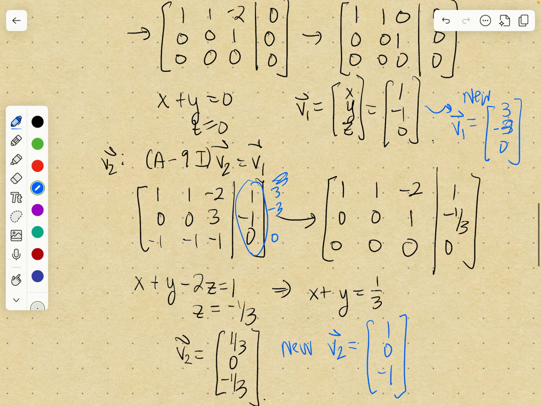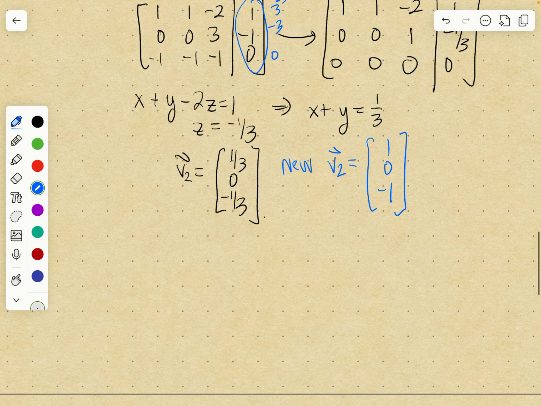Okay, so if we had used v1 equals 3, negative 3, 0 instead of 1, negative 1, 0, we would have gotten v2 as 1, 0, negative 1. So let's just use those because they have integers. And finally, we need to find v3. Well, we need to solve (A minus 9I) v3 equals v2.